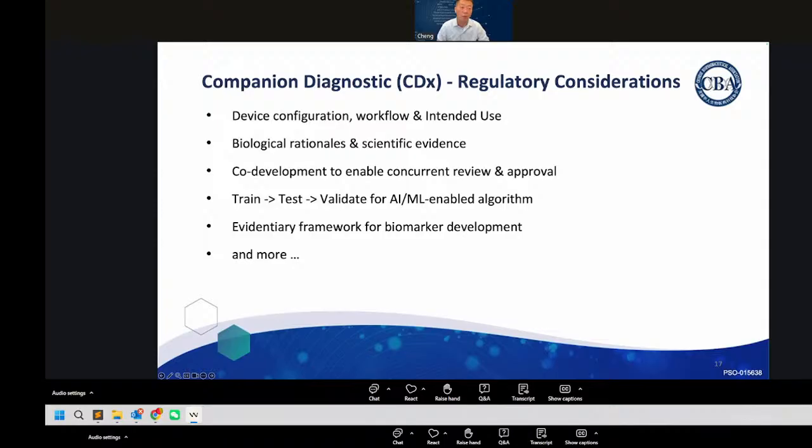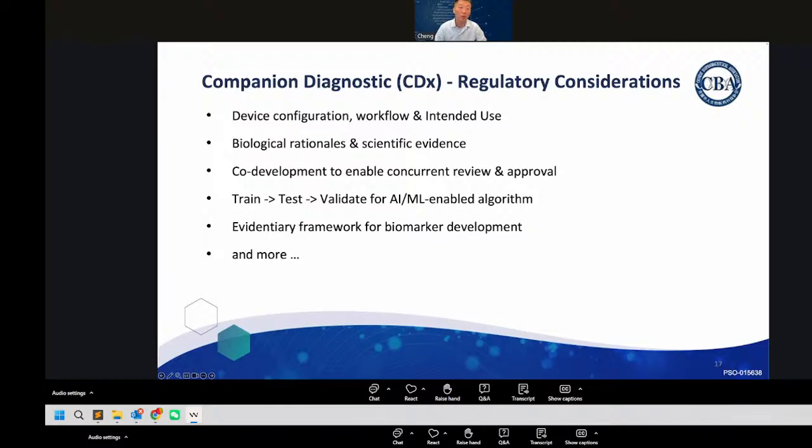For the pharma company where I am, co-development with the companion diagnostic partner is needed to enable concurrent review and approval. In other words, the PMA from the CDx partner will be submitted almost at the same time as the drug sponsor submits either the BLA or NDA to the FDA.